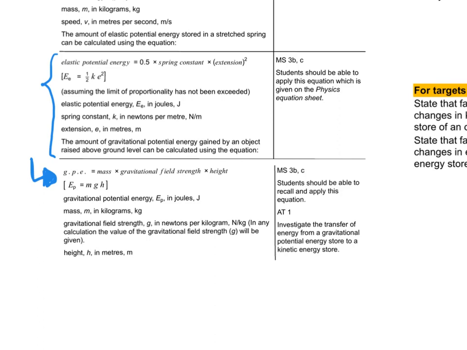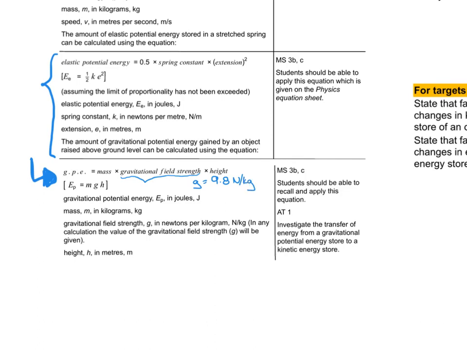Now, gravitational field strength is something that's constant. It's assumed to be the same on Earth everywhere you are, and even if you go to a bit of a higher height, it will still be the same. For the purposes of gravitational field strength in terms of Earth, that value for AQA is equal to 9.8 newtons per kilogram.